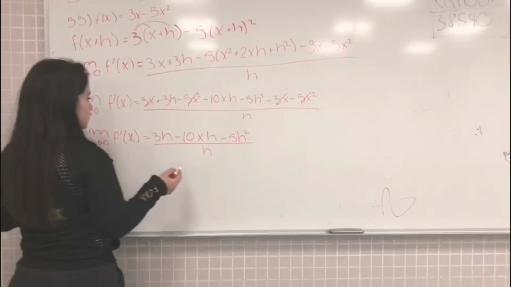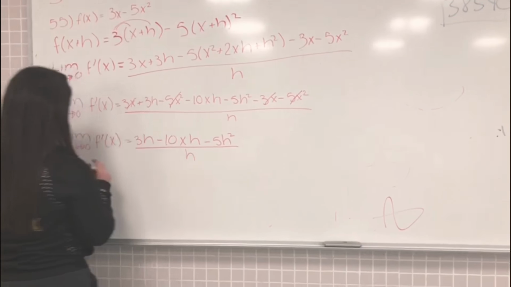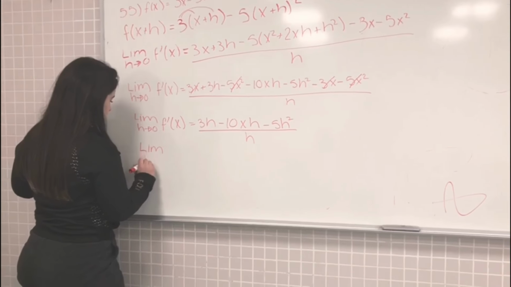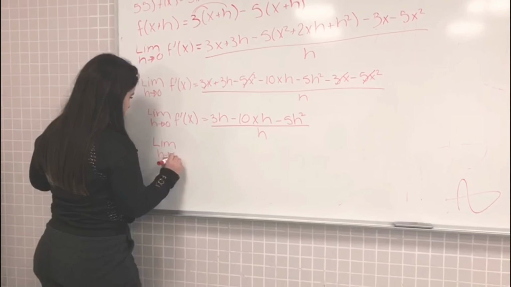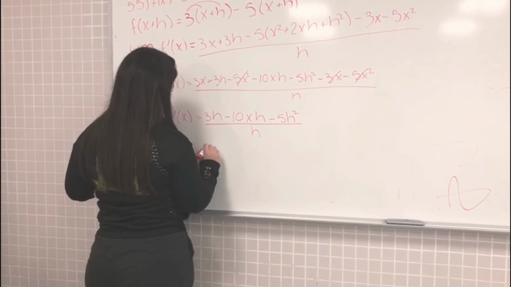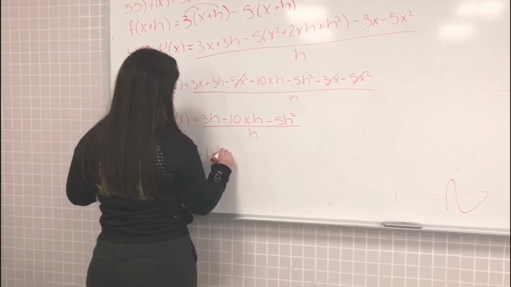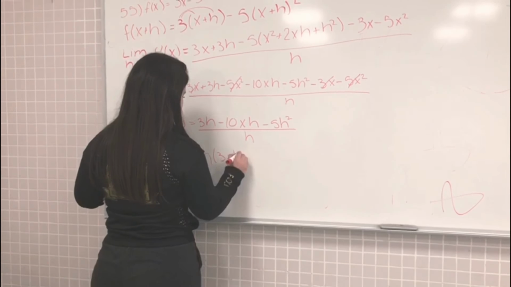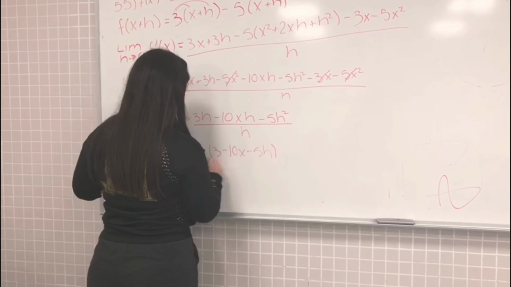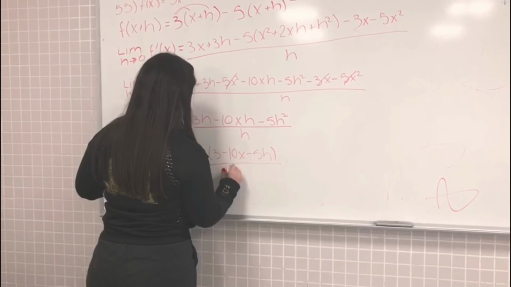And we want to eliminate as much h as possible, so we will factor the numerator by taking out the h. So we will have h times (3 minus 10x minus 5h), all divided by h.